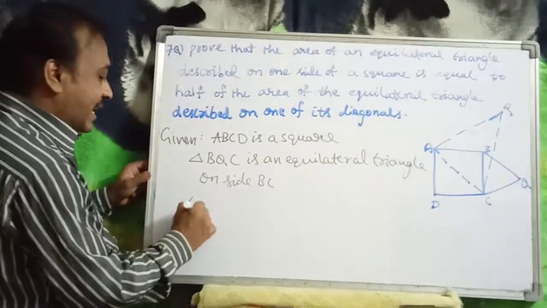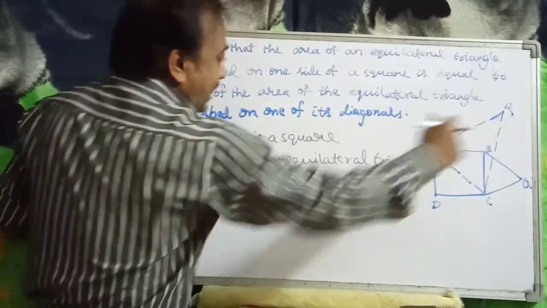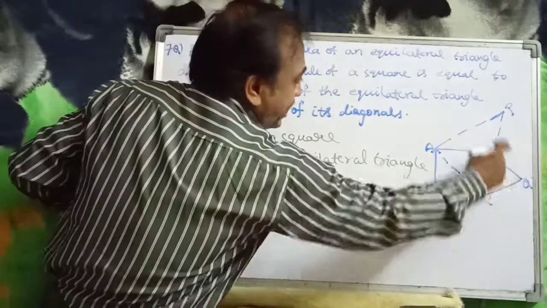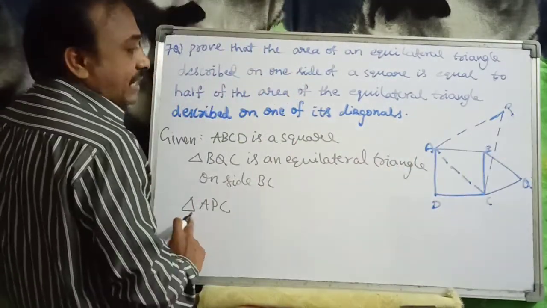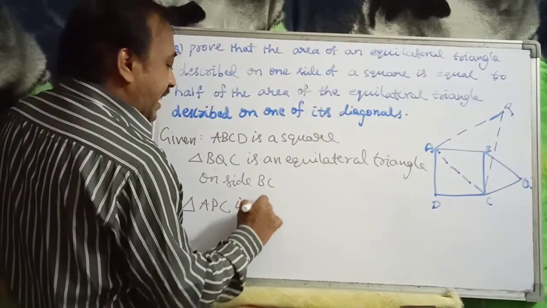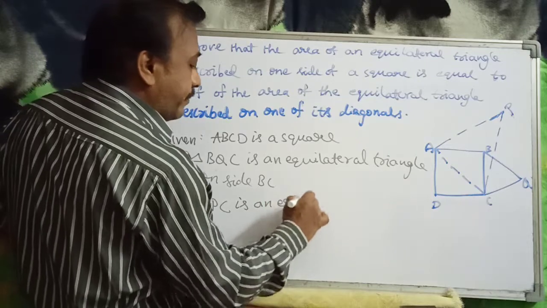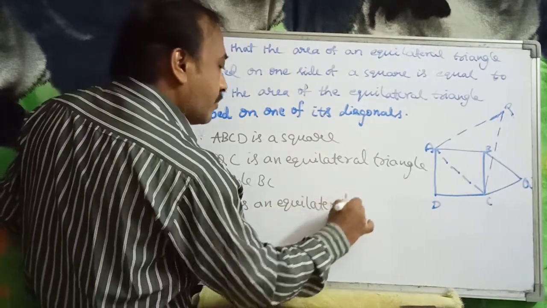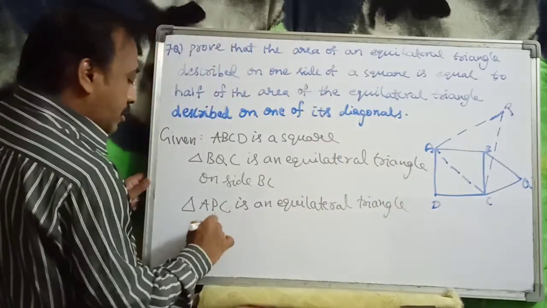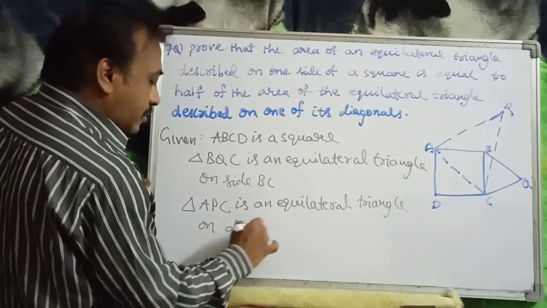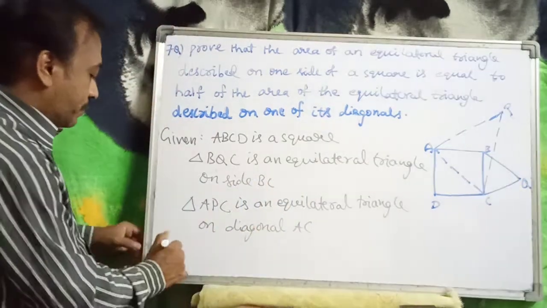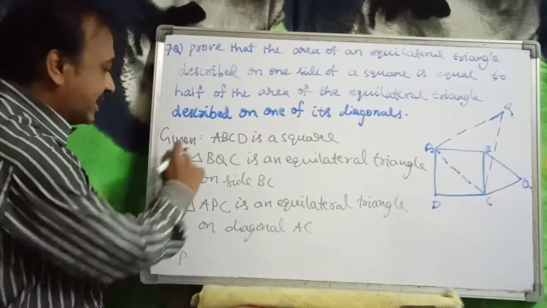And triangle APC, observe it, BQC is on side BC, and triangle APC is an equilateral triangle on diagonal AC. We have to prove that, required to prove. This is given.